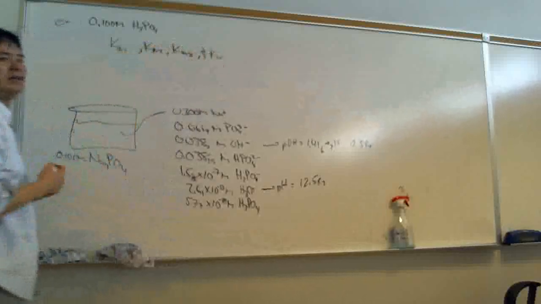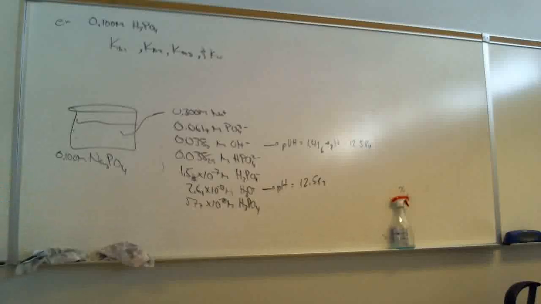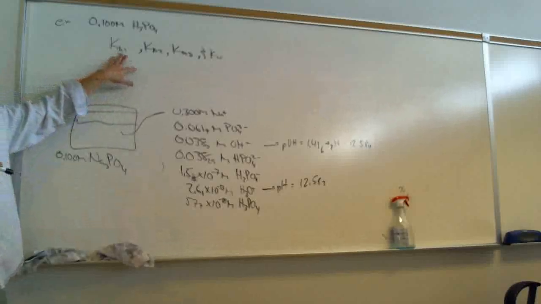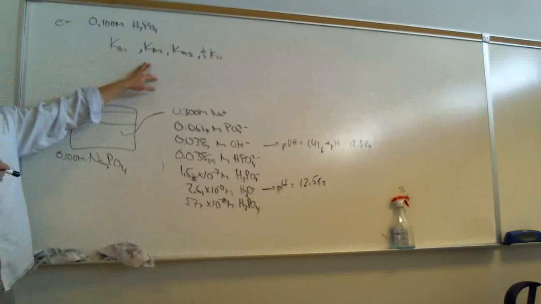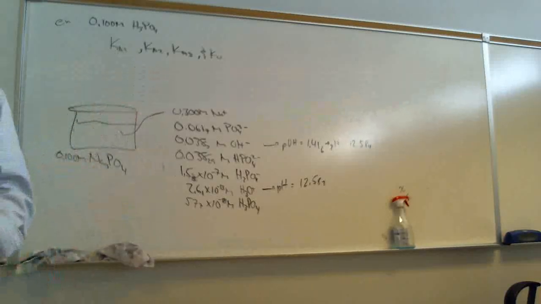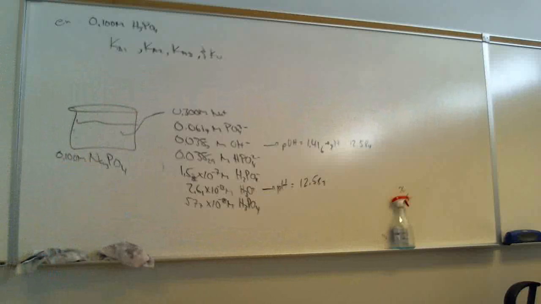If we only wanted the pH, which one do you think we'd do? Ka1, maybe Ka2. It depends on how big. We would have to worry about Ka2 in general if it's kind of high or kind of big in magnitude.